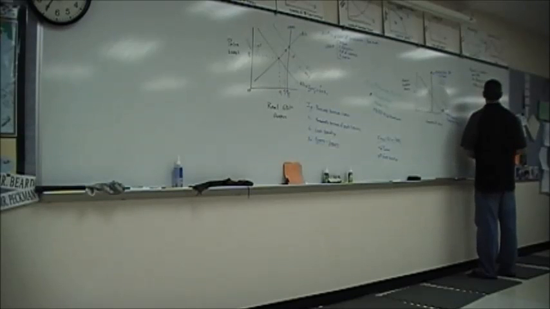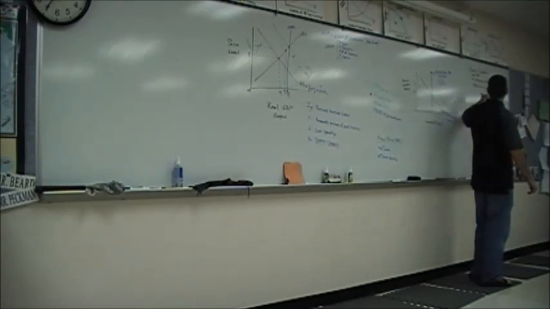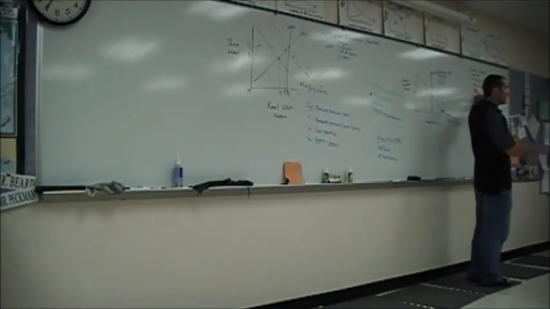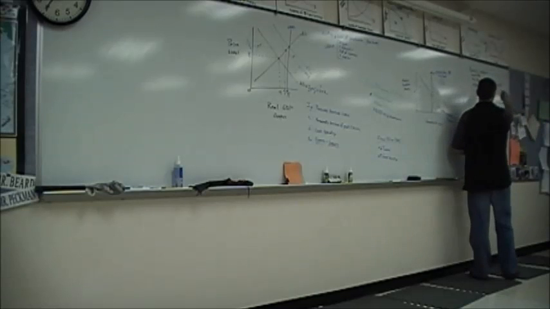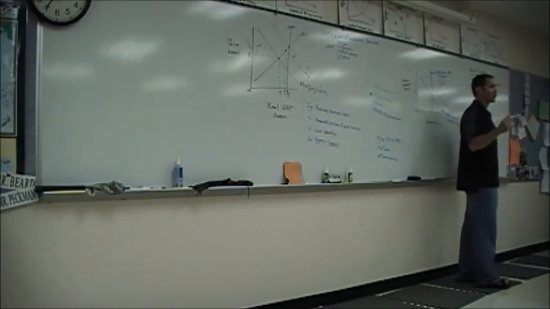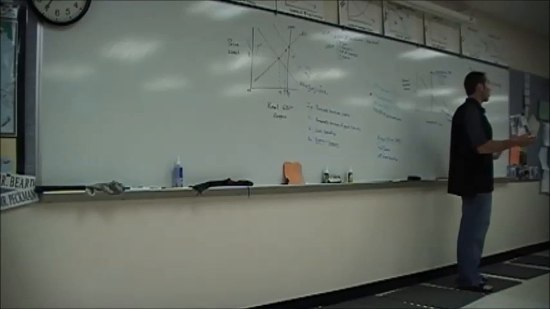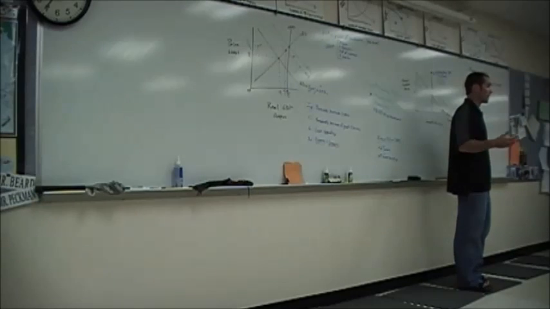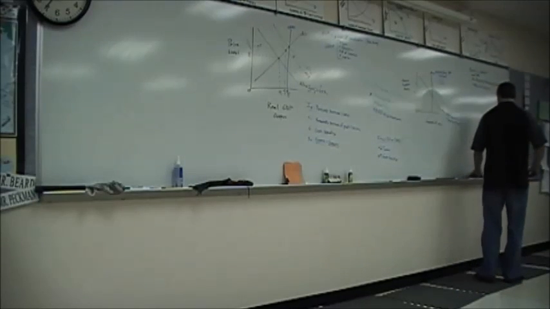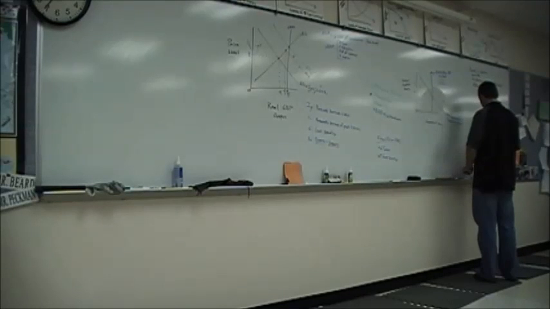But why would a decrease in taxes cause AD to go up? It would increase consumption. If your taxes are lower, you have more cash in your pocket. If you have more discretionary income or disposable income, you're going to go out to the stores and go buy some more stuff. You're going to increase your consumption. So this right here would increase AD.